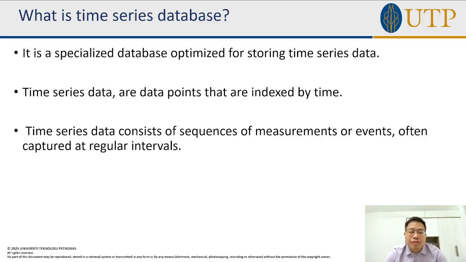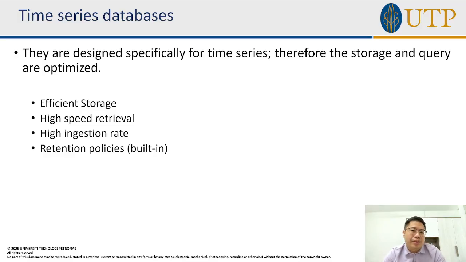So if you need performance, especially for IoT, a time series database is not bad. A few are really recommended, for example InfluxDB. The performance is really good, high speed, and the amount of data you can ingest is also very high. You should try it as well.